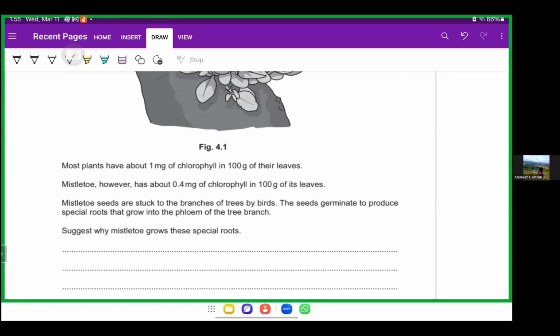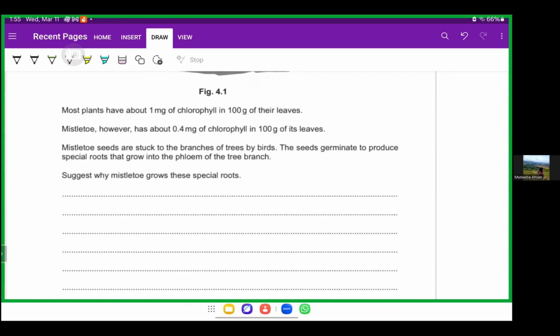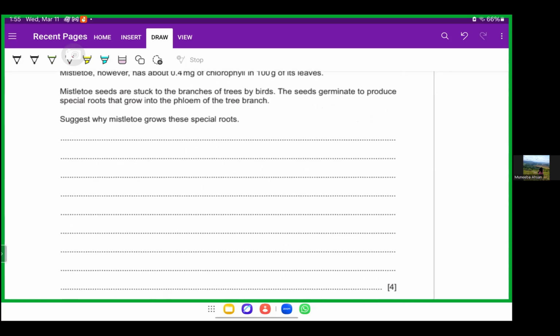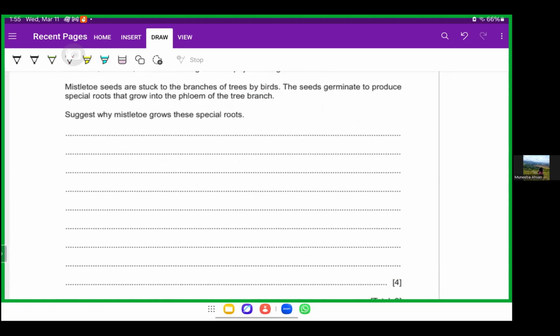So obviously you know that it is producing less chlorophyll, right? Which means that it is carrying out less photosynthesis.